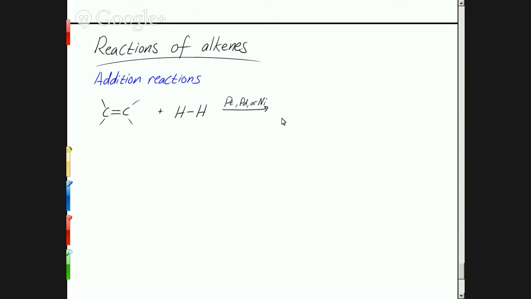And what that does is it allows the alkene to react with the hydrogen, and one hydrogen atom goes to each carbon of the alkene. So what you've in effect done here is you've saturated the alkene. You've turned the alkene into an alkane.